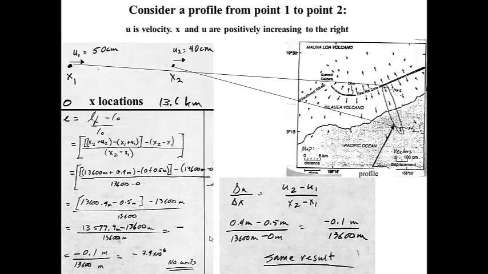So it moved, in this case, along our x1 to x2 profile, 50 centimeters. And then out at the other end of the profile, located at x2, is where point 2 is. It turns out it's 13.6 kilometers away, and point 2 moved, with displacement vector u2, 40 centimeters.